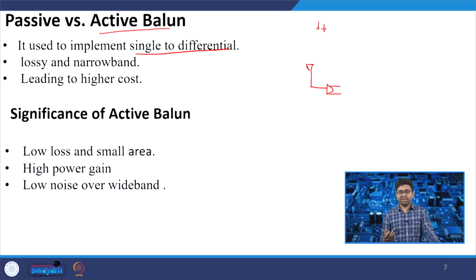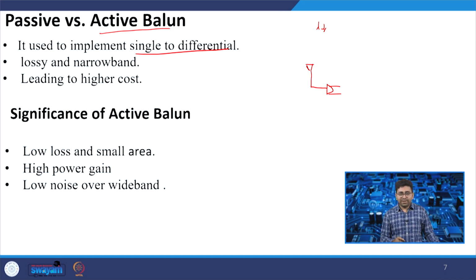We already discussed that we can have a better IP2, or second order linearity, if we use a completely differential design. It will also cancel out the common mode signals, like if there is an LO feedthrough, that can also be cancelled out.